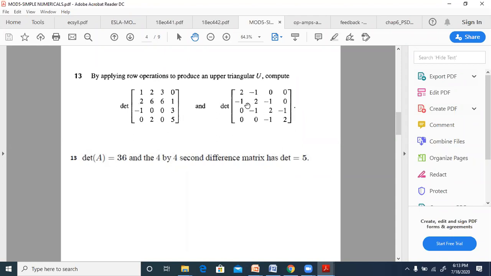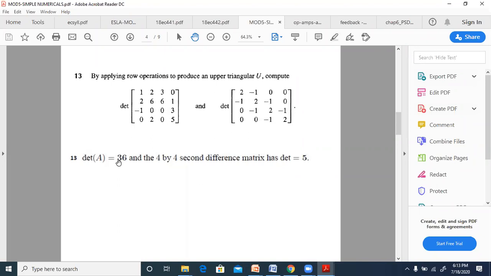Somehow we should do different row operations so that these turn out to be 0. If you do that, then it is just the multiplication of the diagonal entries, with the lower triangular part equal to 0. If you multiply all the pivots, you'll get the value.